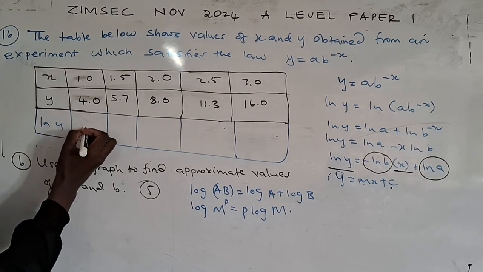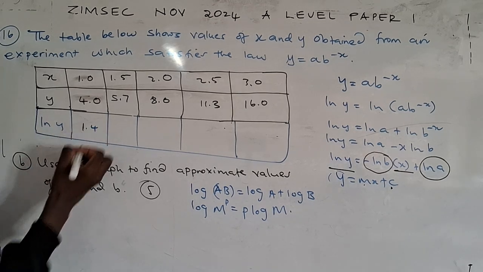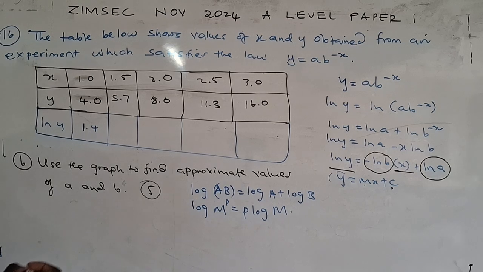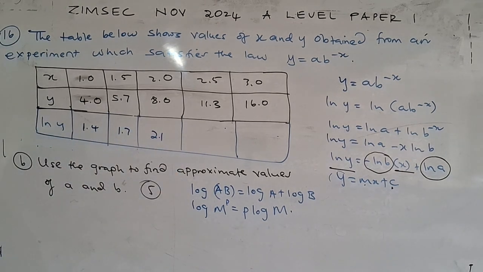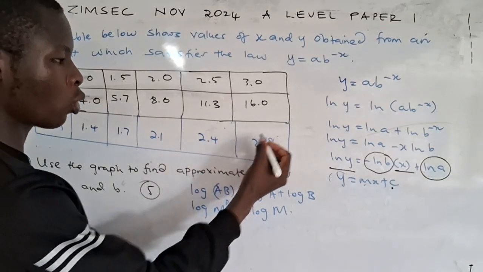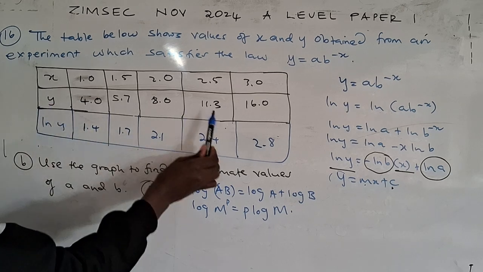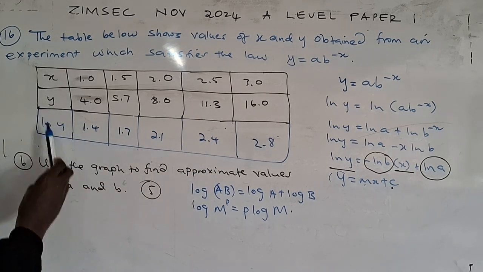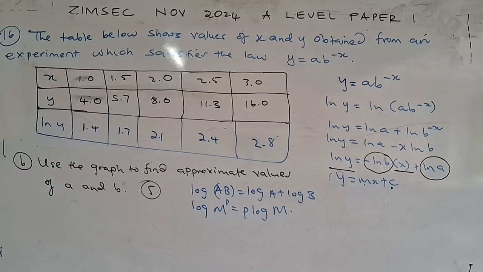So this is 1.4, and this is 1.7, and this is 2.1. This is 2.4, 2.8. So ln 16 is 2.8, and the rest follow the same way.